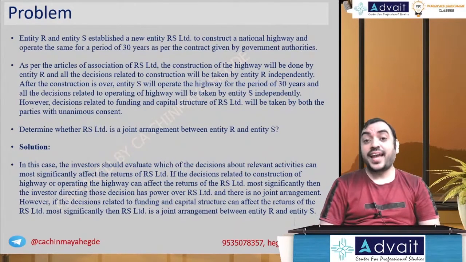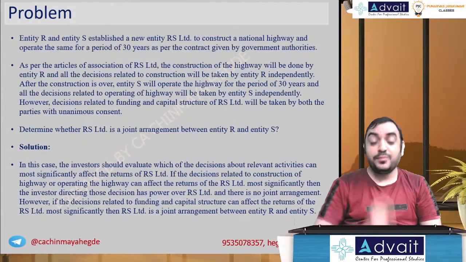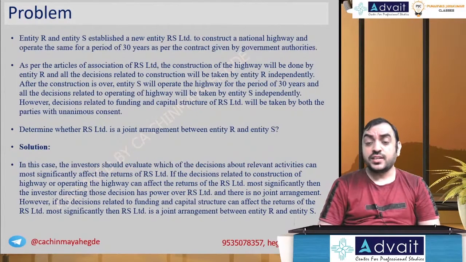Here's an important catch. The new entity is being formed to construct a national highway and operate it for a period of 30 years, as per the contract given by government authorities.